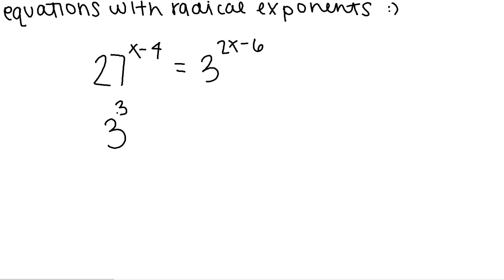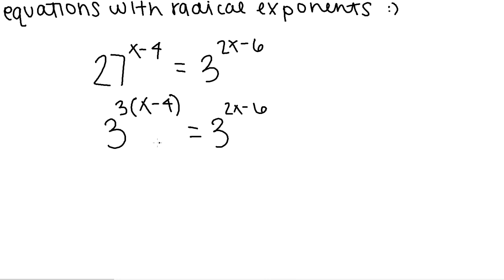And I hope that we can all agree that 3 to the third power is the same thing as 27. Now what that allows me to do, and I'm going to rewrite my whole problem here, is set these two exponents equal to each other and solve for x, which is great because we wouldn't have been able to do that before.